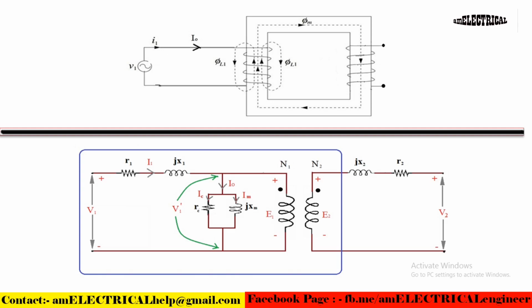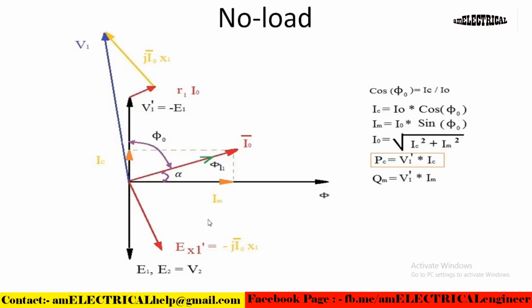Here the I0 has two components. One is IC, which is called the core loss component of I0. This IC supplies the core losses and a very small negligible amount of copper losses of the primary winding. As IC is flowing through the resistor RC, it is in the same phase with the voltage across this resistor, which here we have taken as V1 dash.